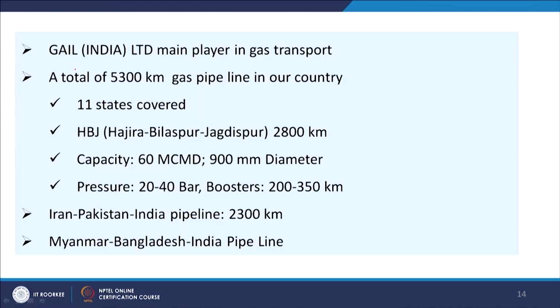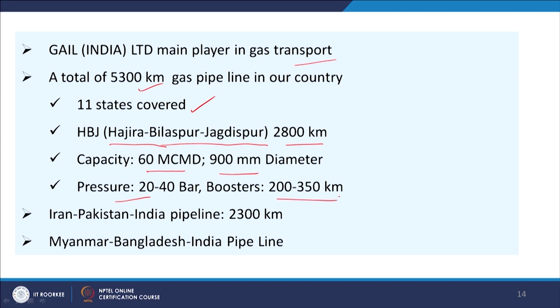GAIL India Limited is the main player in gas transport. A total of 5300 kilometers of gas pipeline is available in the country in 11 states, and Hazira Bilaspur Jagdishpur is 2800 kilometers, with a capacity of 60 MMSCMD and 900 millimeter diameter, and pressure of 20 to 40 bar.